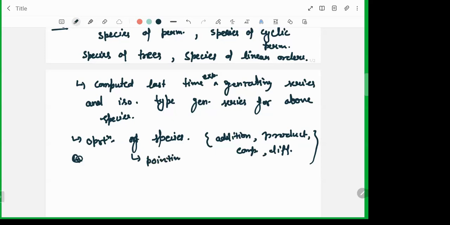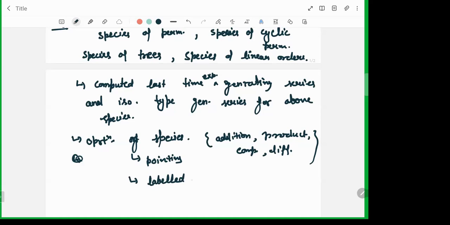For example, in the case of the species of trees, pointing a vertex means that it is a rooted tree. Then we defined the species of labeled trees, like pointing two vertices.